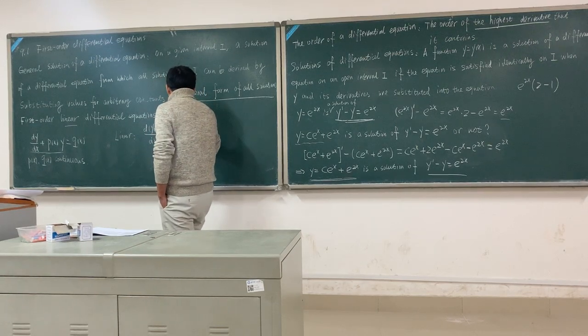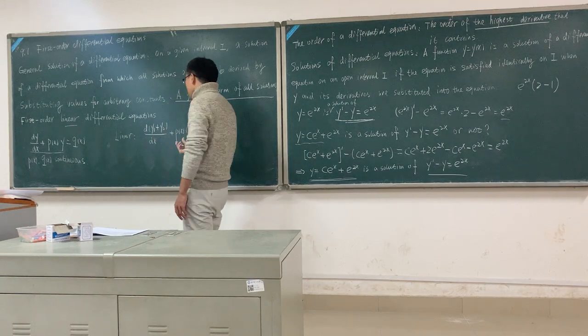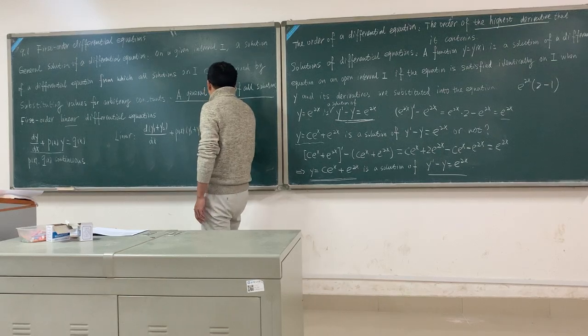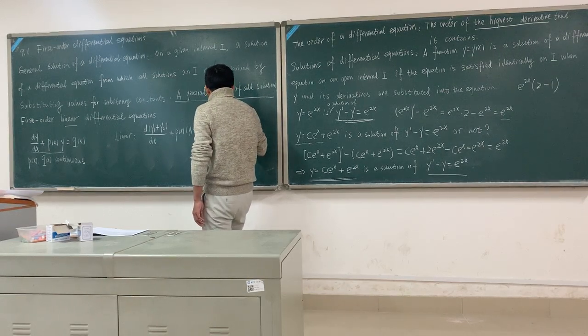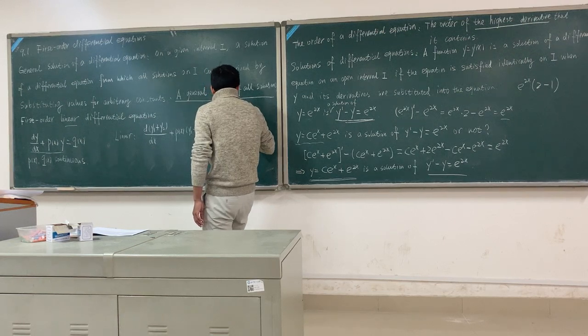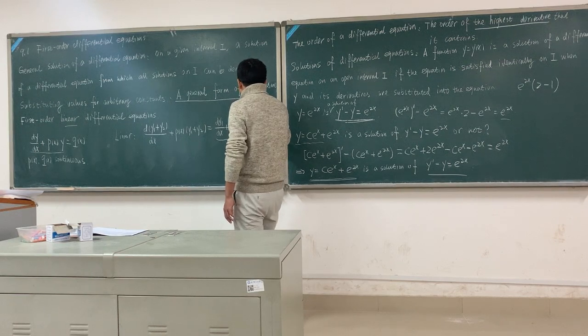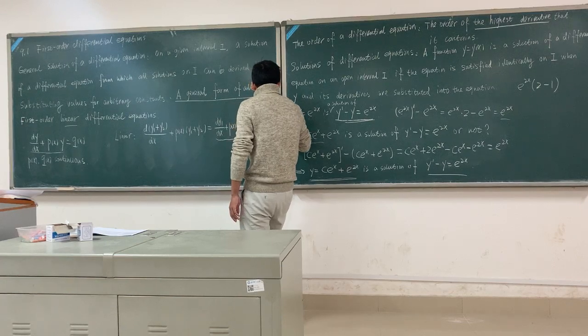Here this is equal to dy1/dx plus p(x)y1, this is the first part, and the second part is dy2/dx plus p(x)y2.